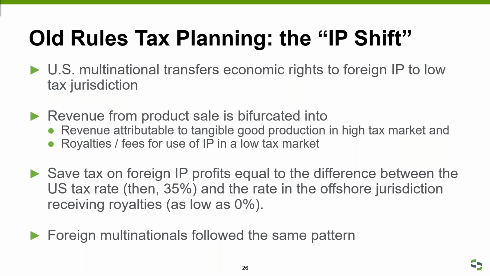U.S. multinationals transferred the economic ownership of the foreign IP to low tax jurisdictions. It was a no-brainer because essentially you were able to shift the tax on the value of that IP and the profit derived from that IP from a 35% rate jurisdiction, oftentimes, and you read about it in the press, where they were often paying 0% or very low tax in foreign jurisdictions.